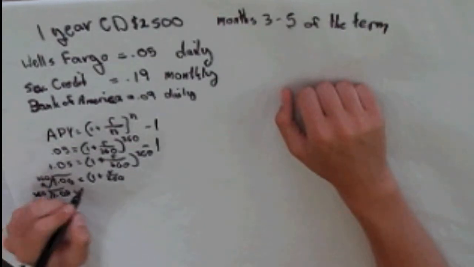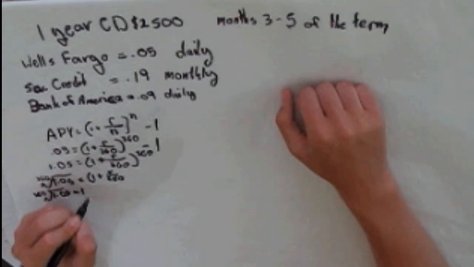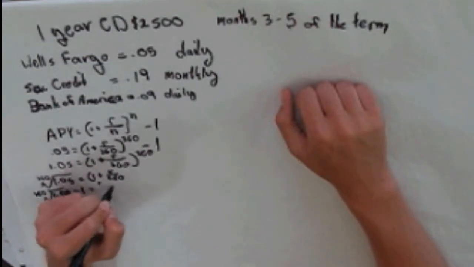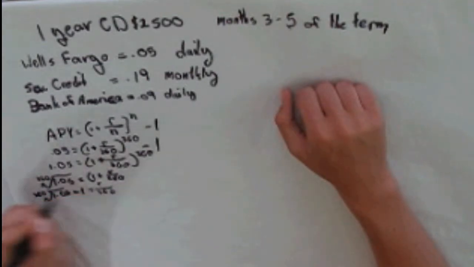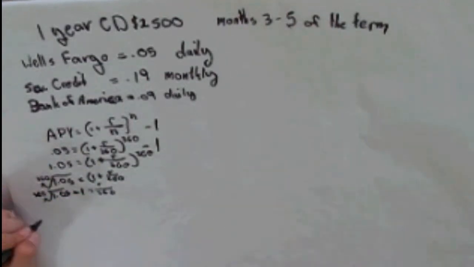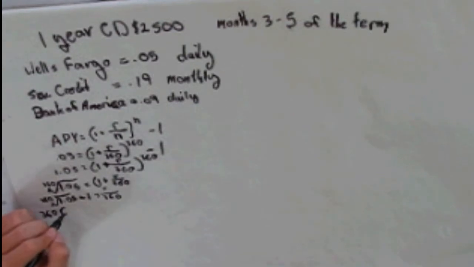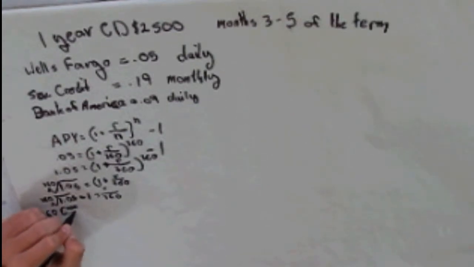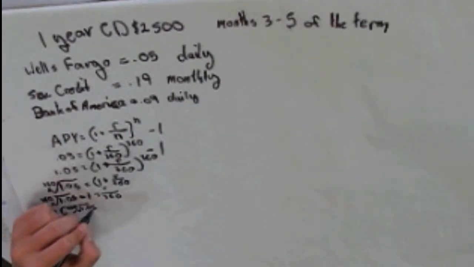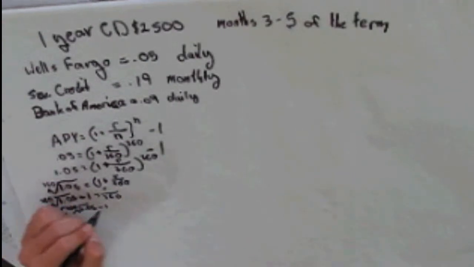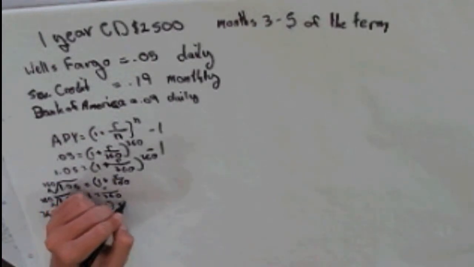That equals, minus 1, excuse me, R over 360. So then our last step is to multiply this whole thing by 360, and that will isolate R. 360 times the 360th root of 1.05, minus 1, in parentheses, equals R.